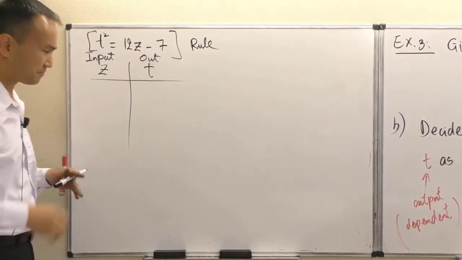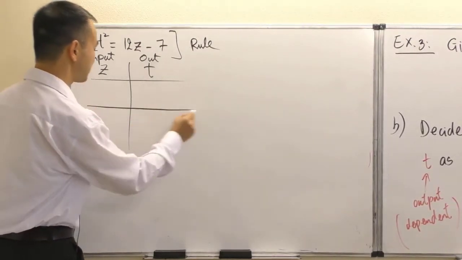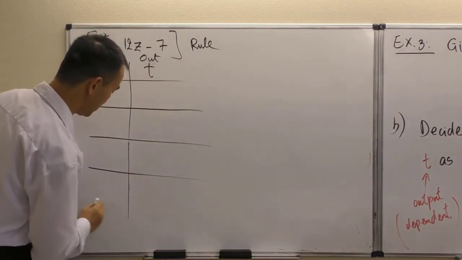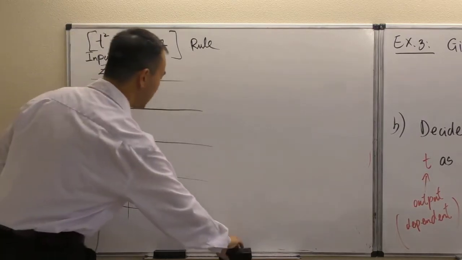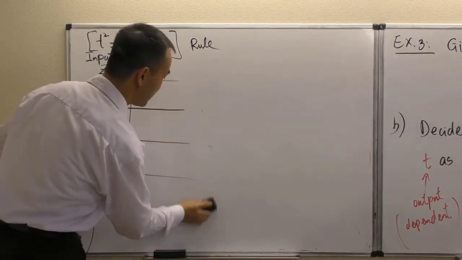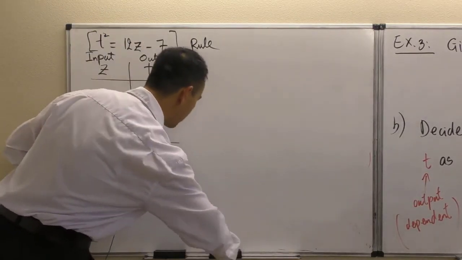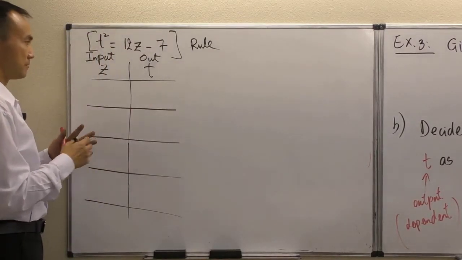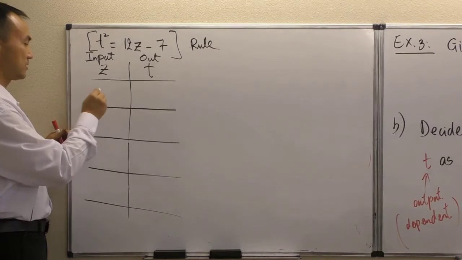But now, again, in this case we want z to be the input, and we want t to be the output. So let's see how we can get it done. All right, so how about 0 for z?